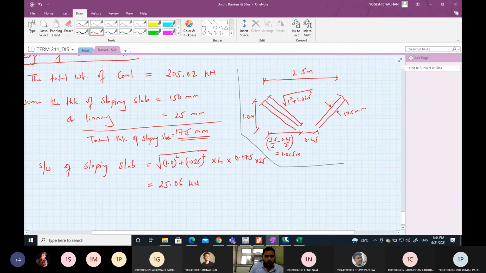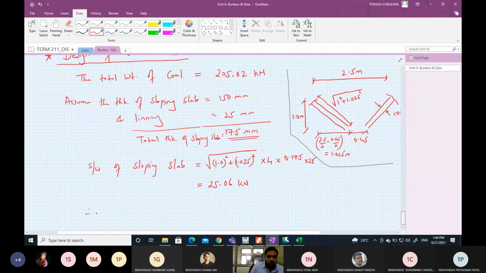So now you can find the load on each wall. Therefore, the load on each sloping wall will be equal to the total load divided by 4 because there are 4 side walls.